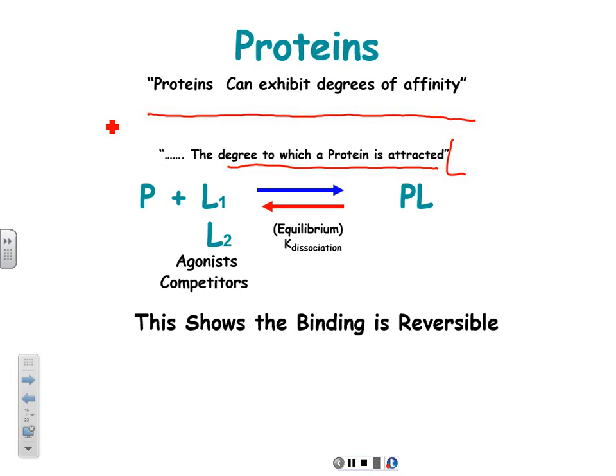Right? So if you have, and you don't have to write this down, I want to show you where I'm going with this. If you have a protein, and that protein has an active site, and then you have ligand 1, which looks something like that, and then you have ligand 2, which looks something like that, the protein will have a higher affinity for that one than it would for that one.